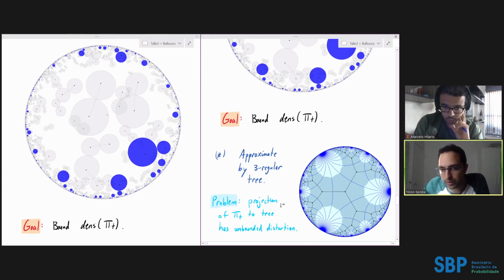However, the problem is that the projection, if we take points from the hyperbolic plane and project them to the vertices of the tree, as we did before, has unbounded distortion. These points that are very close to the cusps move a very, very large distance when you project them to the vertex.